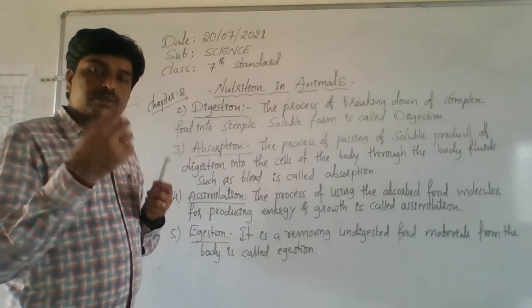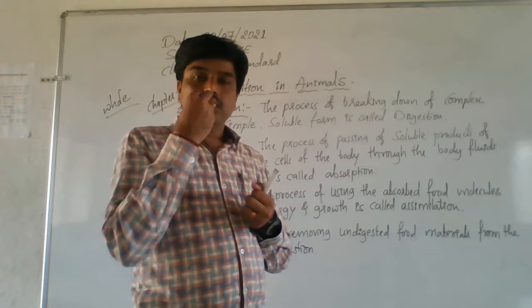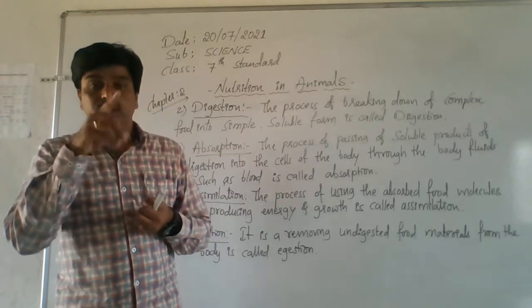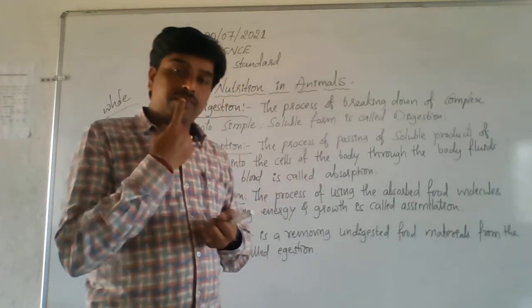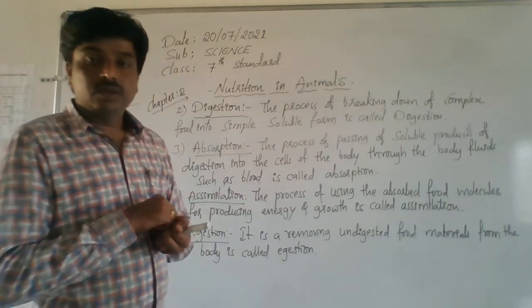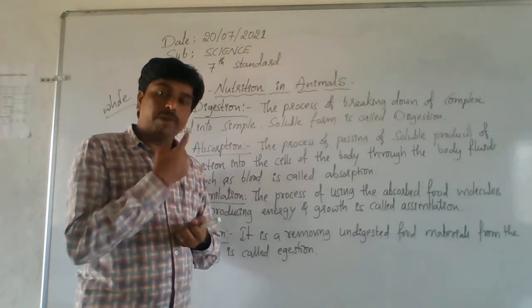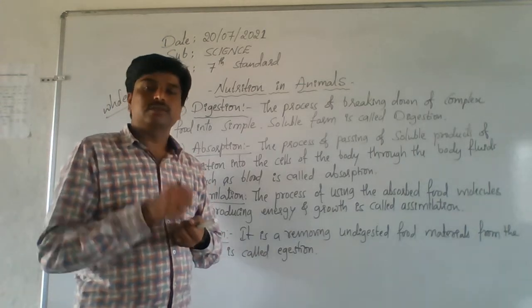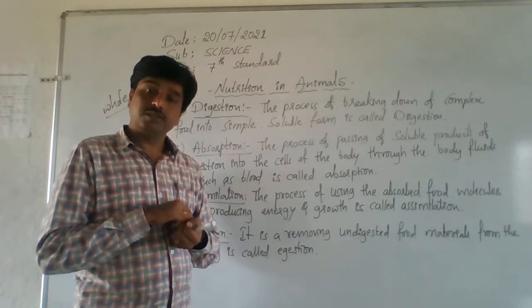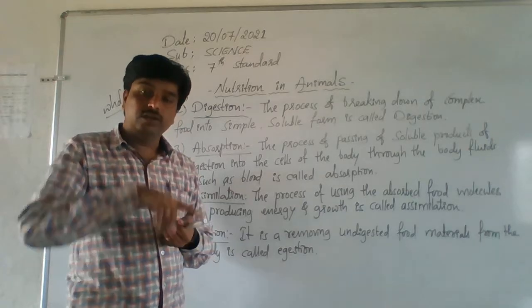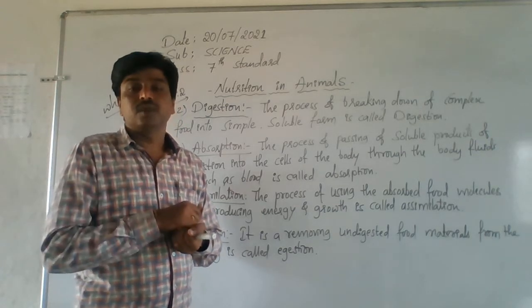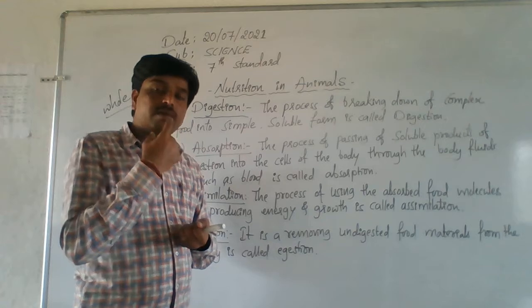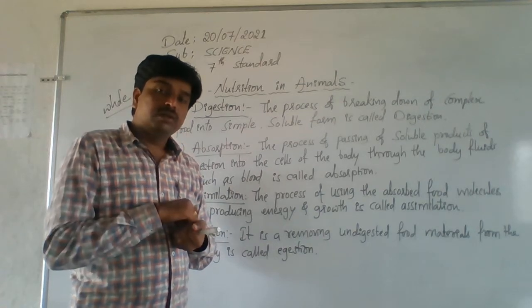Already you know that when you consume food in your mouth, with the help of your tongue and teeth you break down that food into simple particles. So that is digestion. Understand? You have to break down that food into simple soluble form. After completely breaking down the food particles, what happens in your mouth?